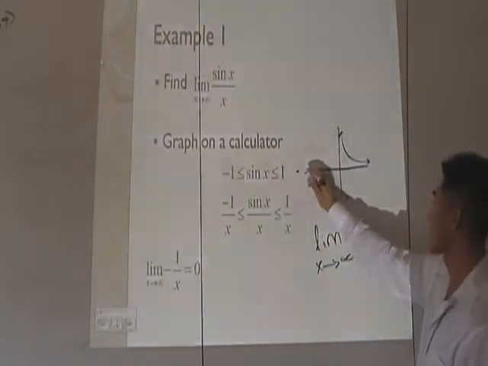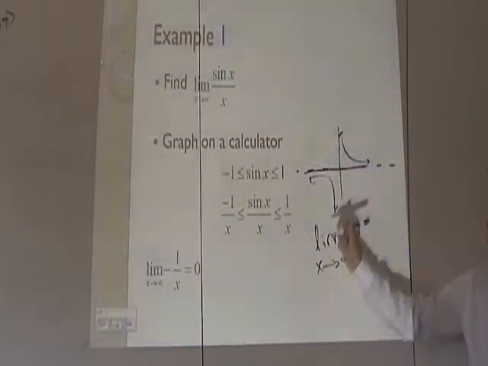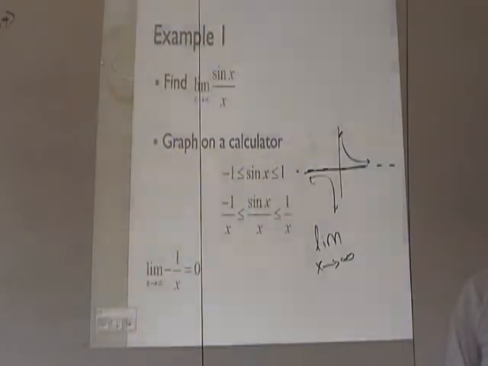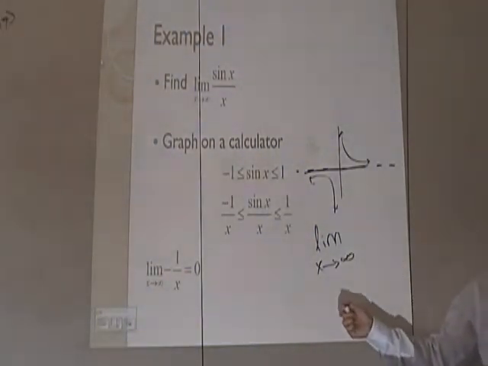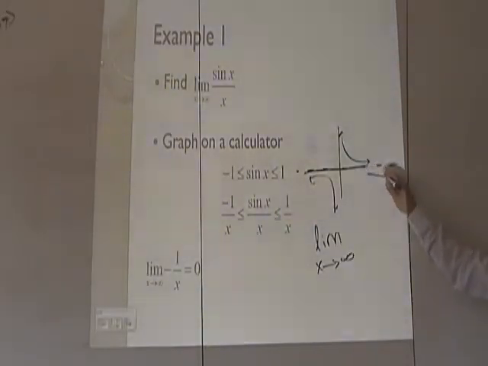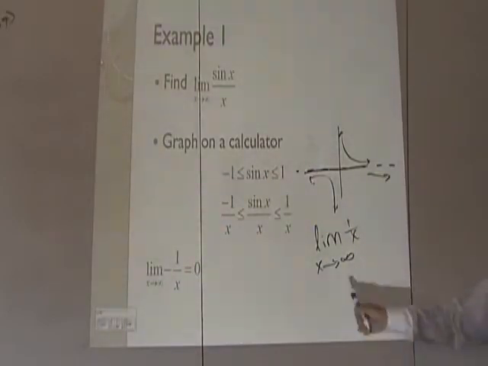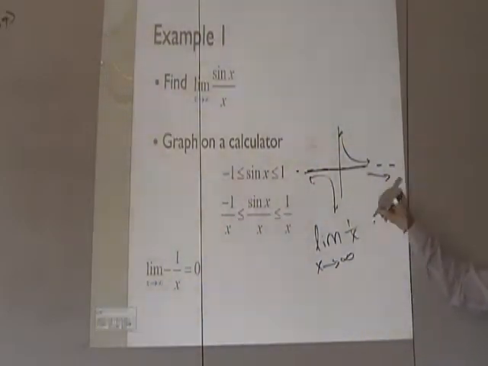There's an asymptote here. Which way is infinity? The right side or the left side? Right side, because this is positive infinity. So we're going super far this way. This graph is getting closer and closer to what number? 0. So that's why the limit of 1 over x as x approaches positive infinity is equal to 0.